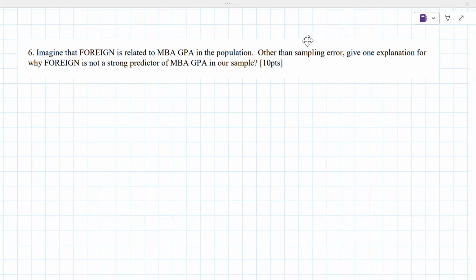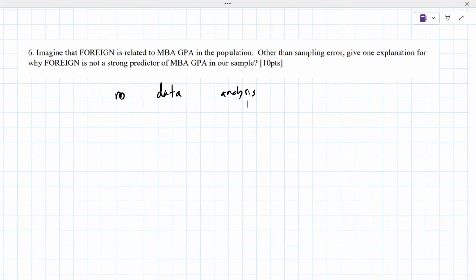So, sampling error. This is not really a statistical question. There's mostly no data analysis for this, no typical table for it.